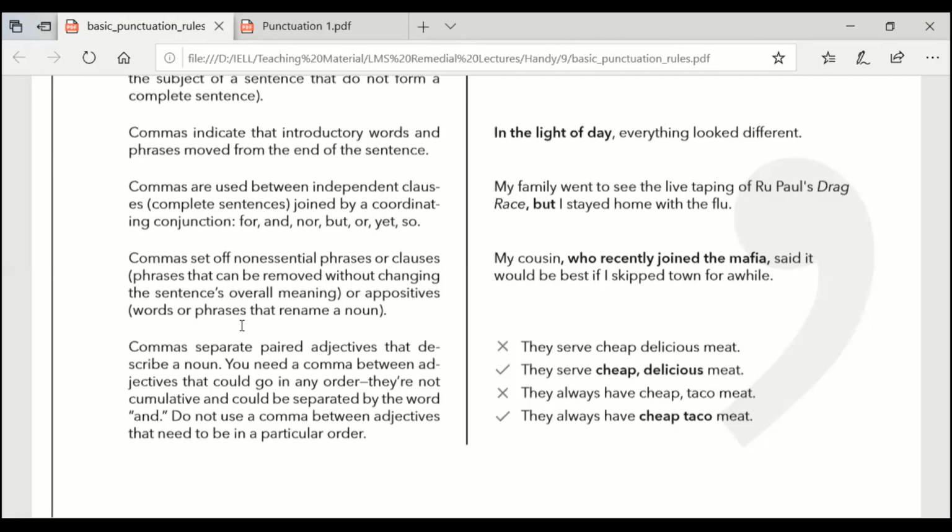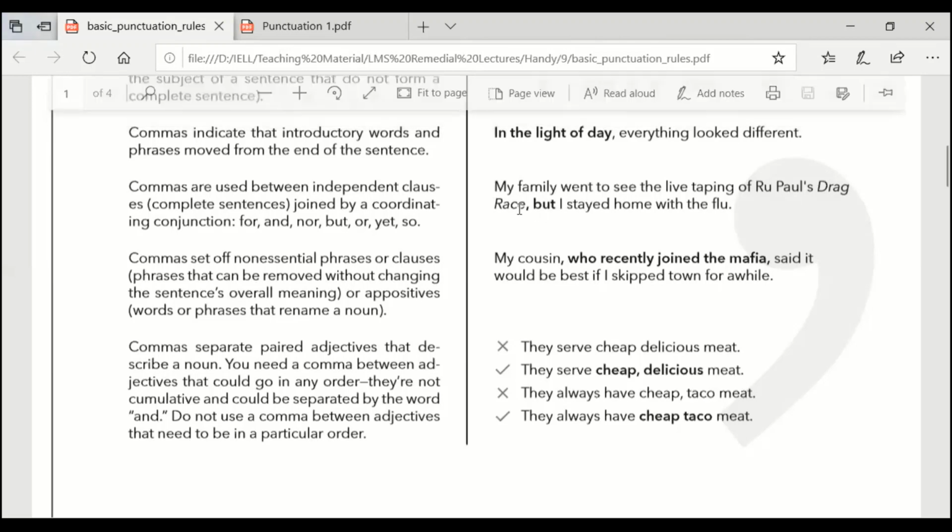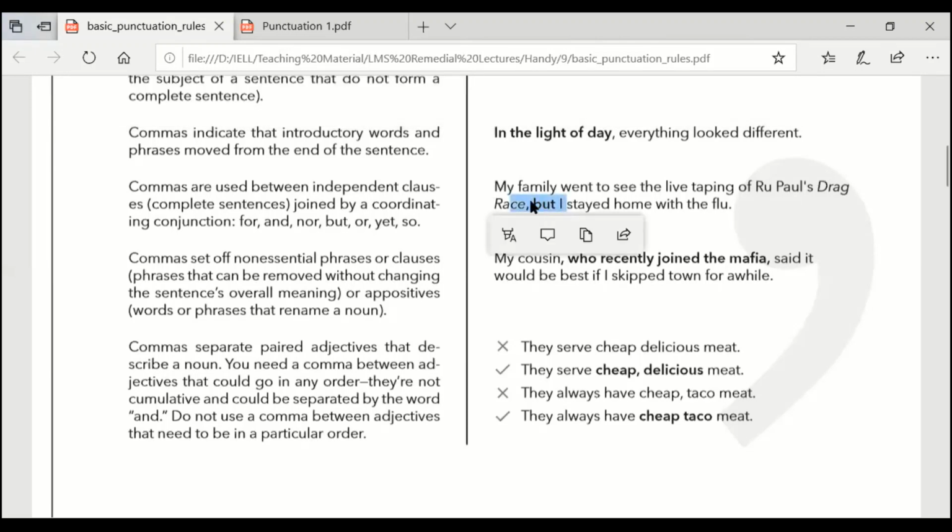They are called FANBOYS. That means for, and, nor, but, or, yet, so. So before using these coordinating conjunctions, we need to put a comma to connect two clauses in a sentence. Here is an example, where we use a comma before the conjunction.